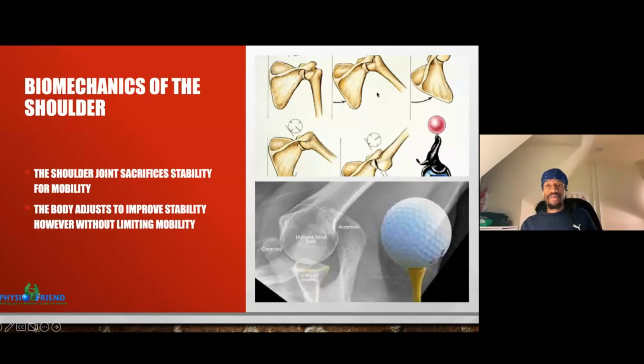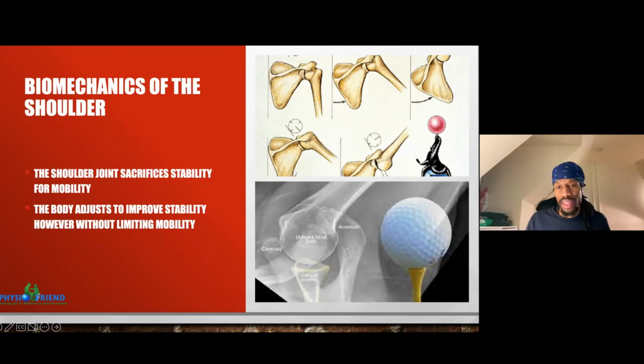So let's have a brief look at the biomechanics. What we can see here is, again, the shoulder prefers mobility over stability. Sometimes it can be an analogy where this is the ball and socket, and this is the humerus.